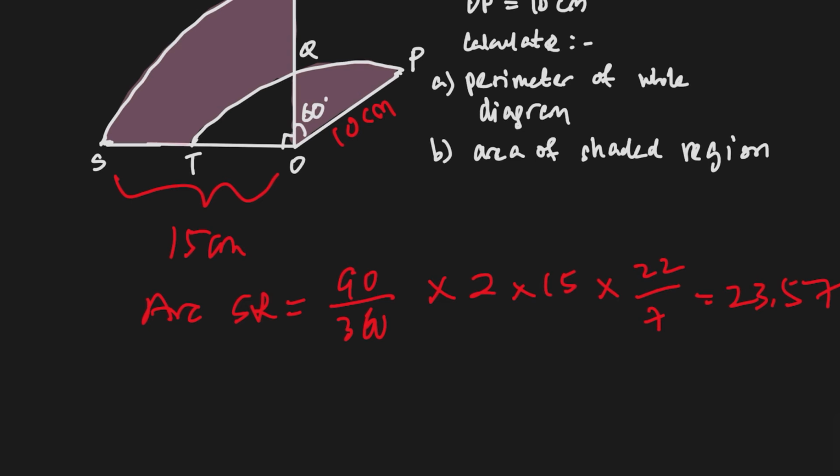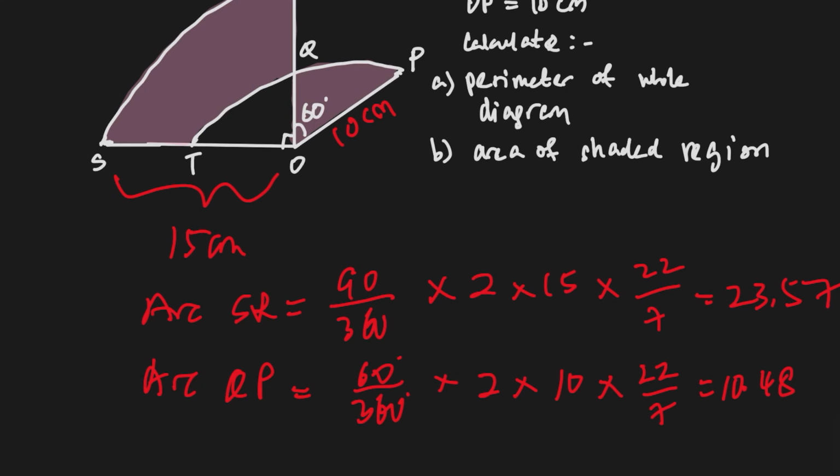And we want to find the arc of QP. So what is arc of QP? Arc of QP is 60 over 360 because the angle inscribed is 60 degrees. And multiply with, we have the radius is 10, 22 over 7, and that gives you 10.48.